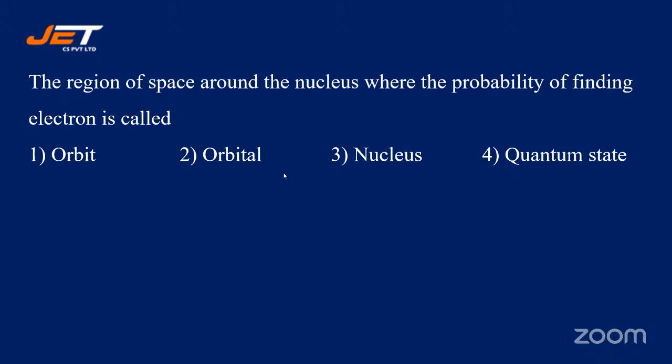Okay, the correct answer is orbital. Orbit is the path where the electrons revolve. All right, students. Next one.